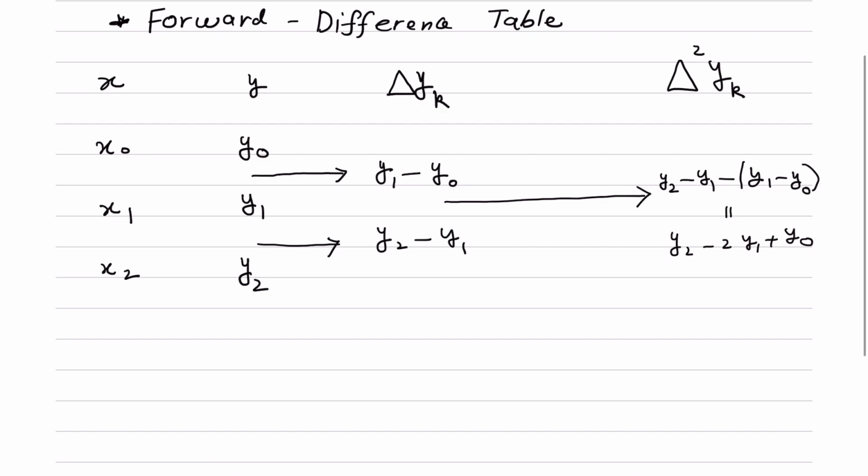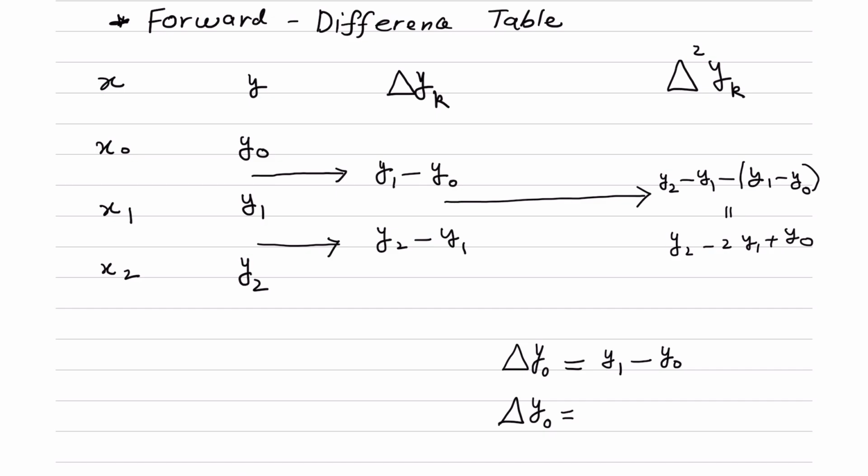Now please look at this term, y1 minus y0. If you can recall the definition of forward operator, y1 minus y0 actually is the definition of forward operator acting on y0, because let's have a look at forward operator acting on y0 again. So when forward operator acts on y0, it jumps to the very next value.